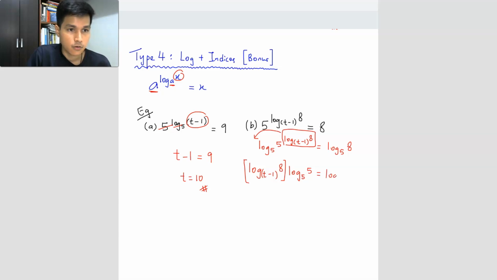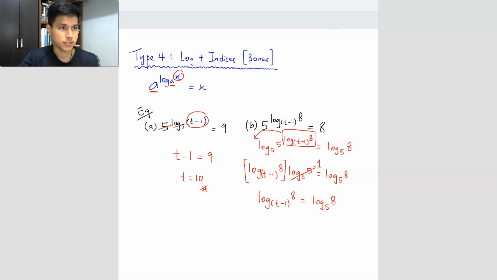And then here is log 5 base 8. Log 8 base 5. So this one becomes 1. So now you have log t minus 1 base 8 equals log 5 base 8.